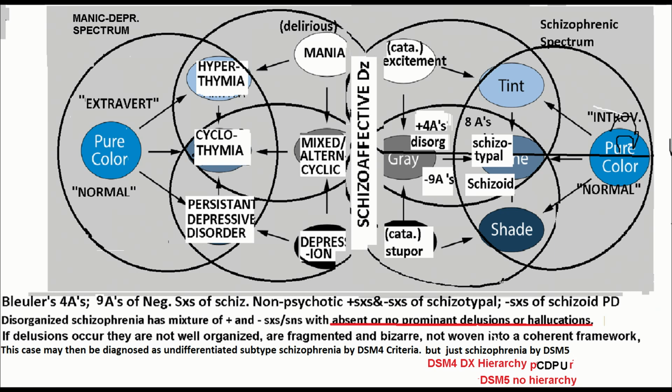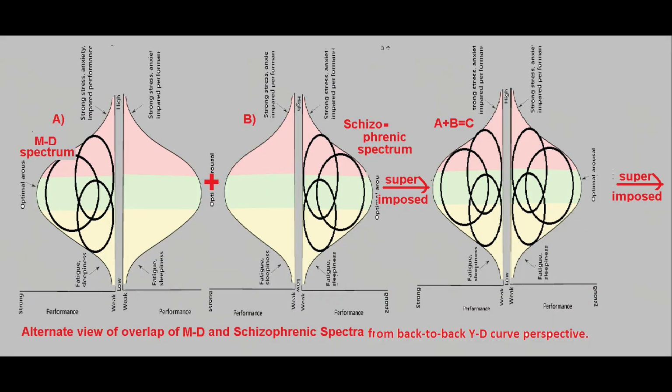So in this one here, I just put a stripe down the overlap between the manic depressive spectrum and the schizophrenic spectrum, denoting schizoaffective disorders. And here's an alternative view of this overlap between manic depressive and schizophrenic spectrum, and this involves these Yerkes-Dodson law diagrams, and it's just an alternative way to look at it.